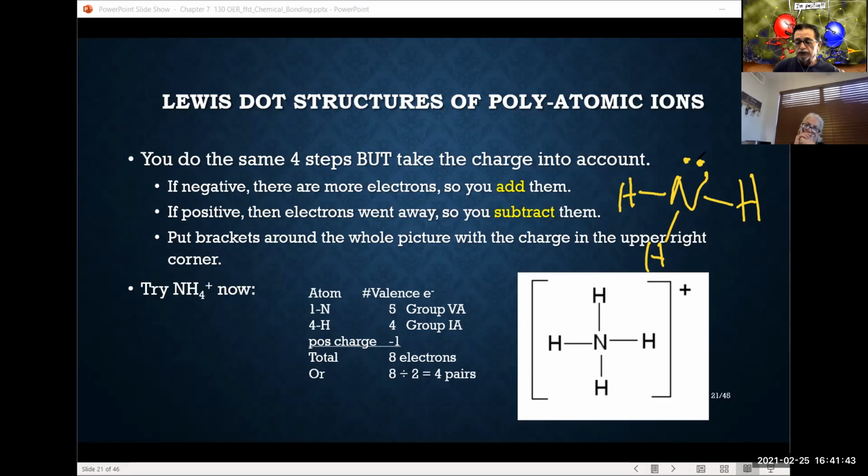It lost that electron. Okay, and so here comes hydrogen. And that orbit, that 1s1 is empty. Okay, it lost its electron and it's got a plus charge, just like everybody in group 1. Everybody in group 1 has 1 valence electron. When they lose that electron, everybody in group 1 has a +1 charge.